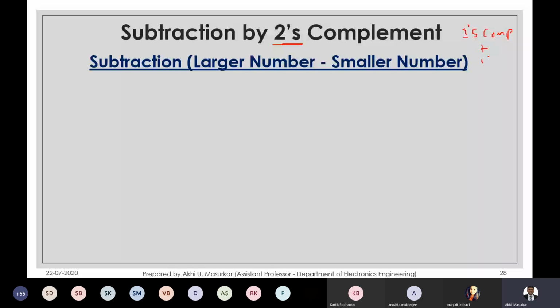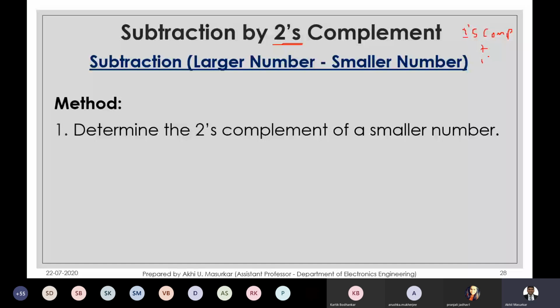The first case will always be larger number minus smaller number. So step number 1, determine the 2's complement of the smaller number. Step number 2, add the 2's complement to the larger number.